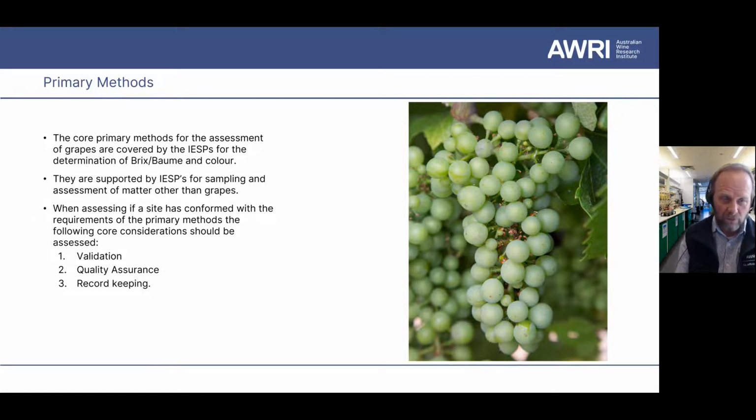But they are also supported by IESPs for sampling and the assessment of matter other than grapes, because these obviously do have a significant impact on the quality of the measurements, as well as the suitability of material for use. When you assess if a site has conformed with the requirements of primary methods, the following core considerations should be covered: validation, quality assurance, and record keeping.